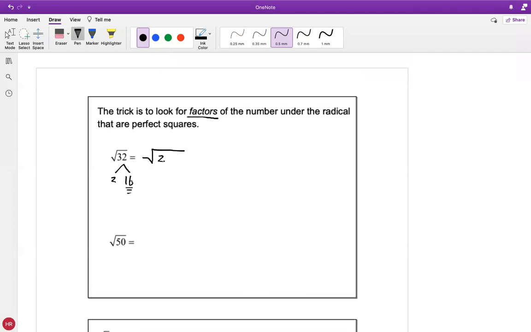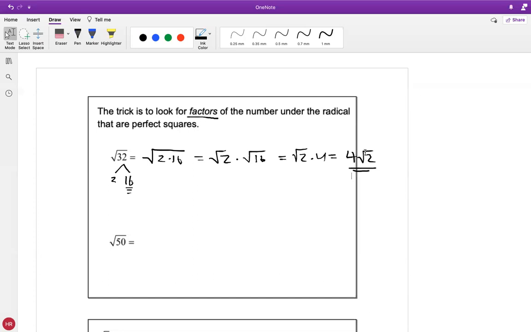So it's the square root of 2 times 16, which is the square root of 2 times the square root of 16. The square root of 16 is 4. So we get 4 times the square root of 2, which is how you should write your answers. I'm going to ask you to write your answers like this. Don't write it like this, write it like that. Know that they mean the same thing, but your final answer should look like that.